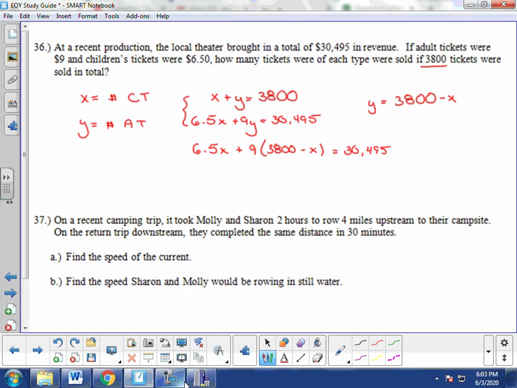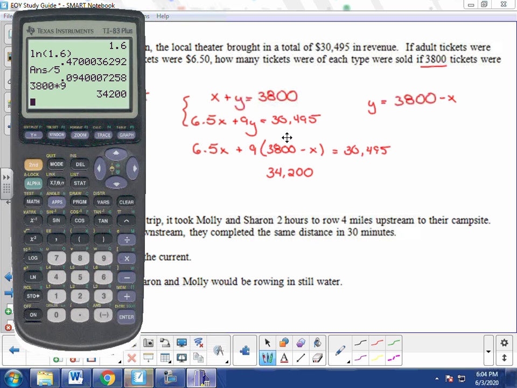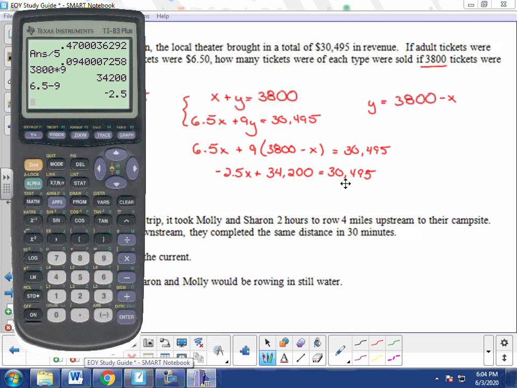So if I take 3,800 times 9, that's going to give me 34,200. If I take 9 times negative x, that's going to give me negative 9x. So 6.5x minus 9x would be negative 2.5x. So negative 2.5x plus 34,200 equals 30,495.